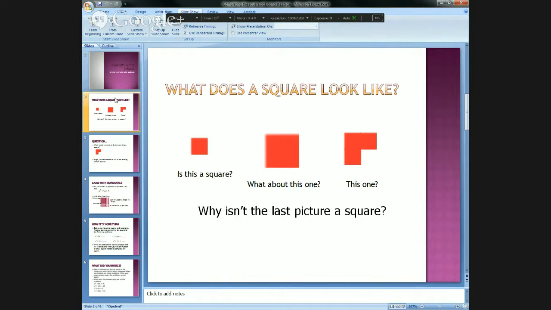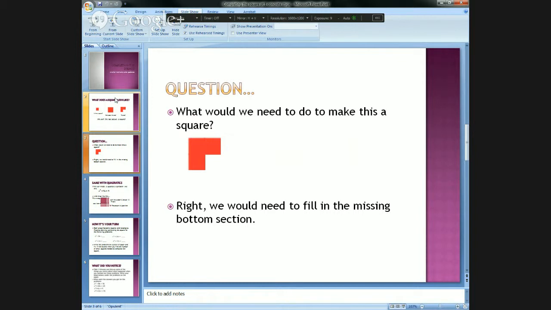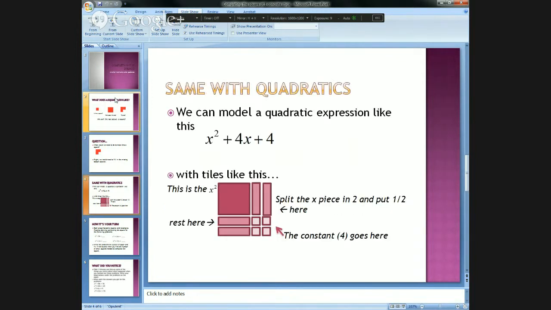Okay, we already went over that. You need to fill in the bottom section. Okay, you can do a quadratic with squares. This is what we're doing, we're completing the square.